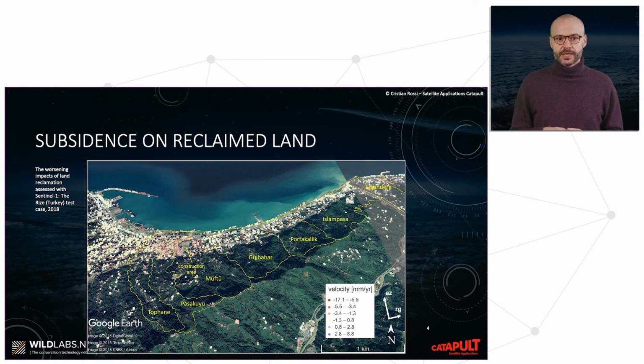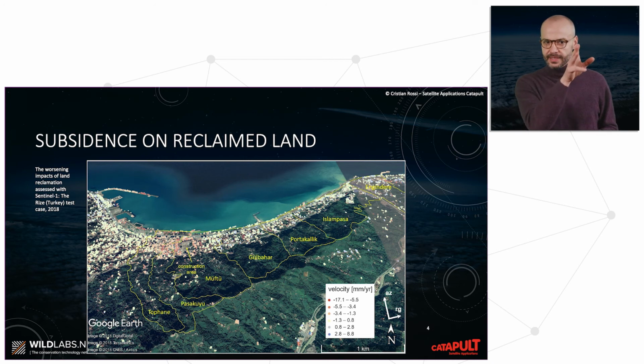Another example here, where what we have is typically in the form of single measurements, and the displacements over here are single measurements over a city in Turkey. This is coming from a study that I have personally done.